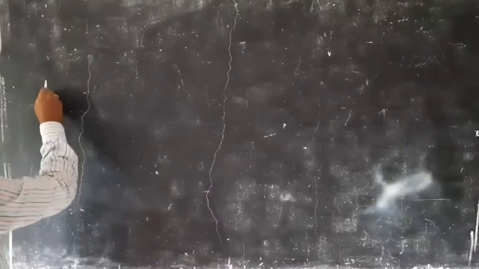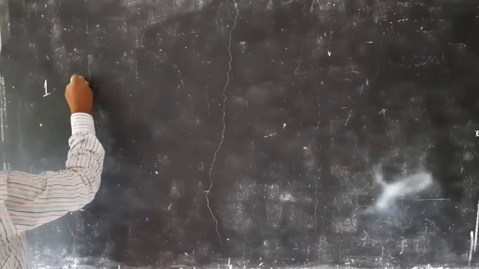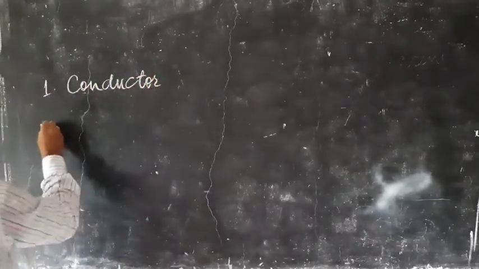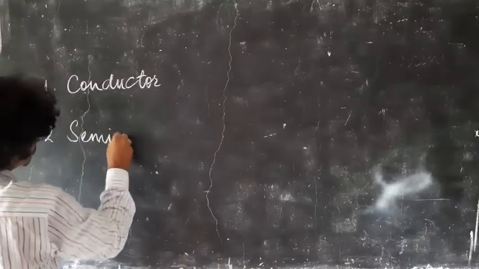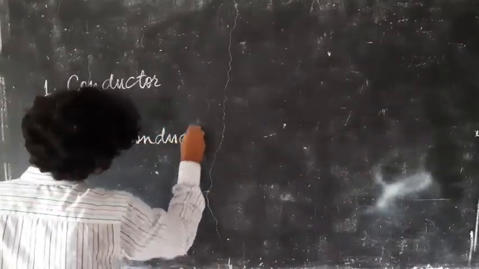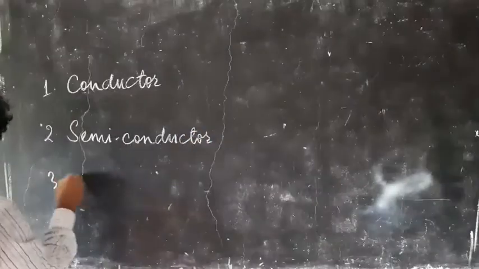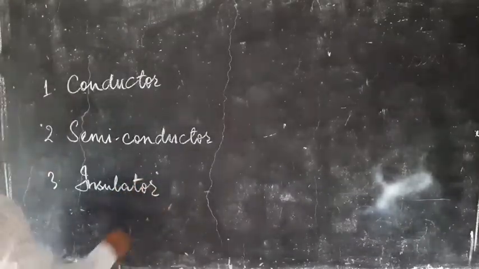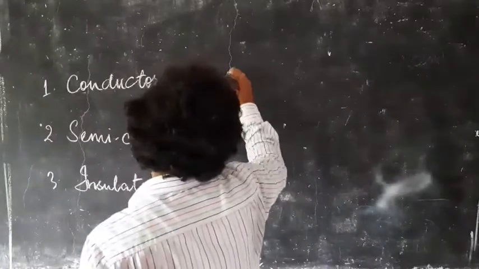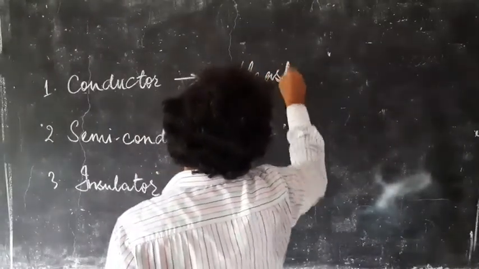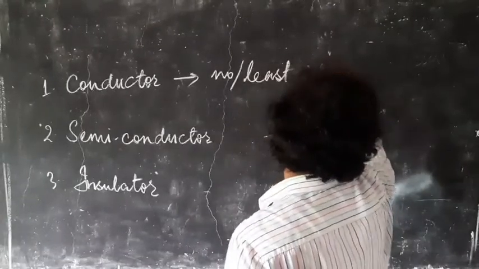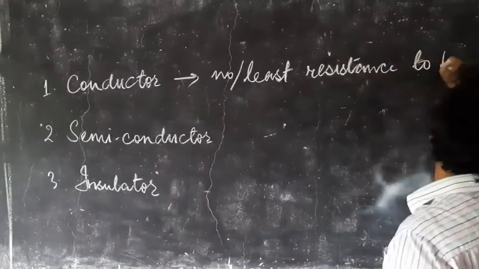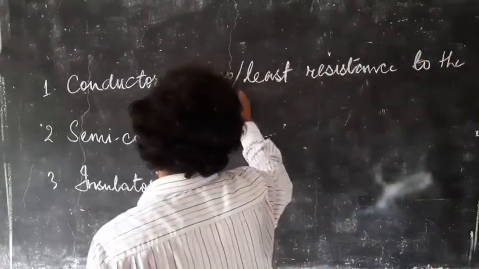So based on the resistance offered by material, we have classified material like conductor, semiconductor and insulator. Conductor offers no or least resistance to the flow of current.